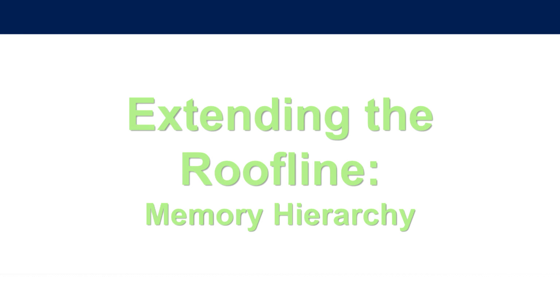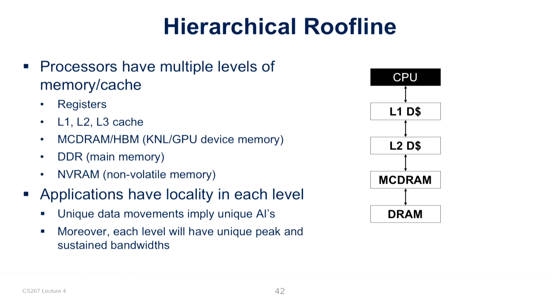Okay, so now there are a lot of extensions of the roofline model that really get at the memory hierarchy and also some of the more detailed aspects of the architecture that are important in understanding why you might not be getting that maximum performance. The first one is a hierarchical roofline that can look at, for example, what kind of memory bandwidth you get in the L1 cache, the L2 cache, and some other kind of DRAM, MCDRAM, that's faster but maybe not as large as your regular DRAM.